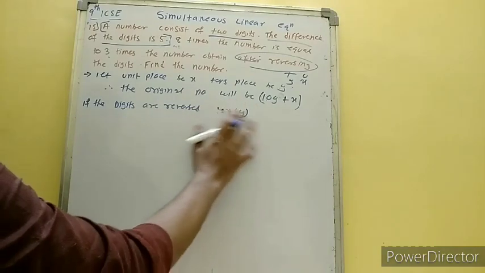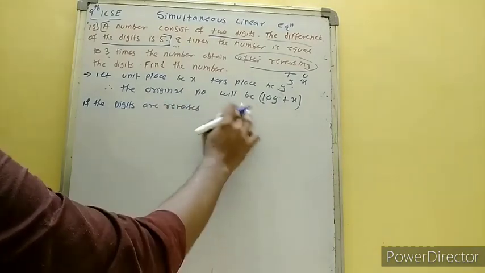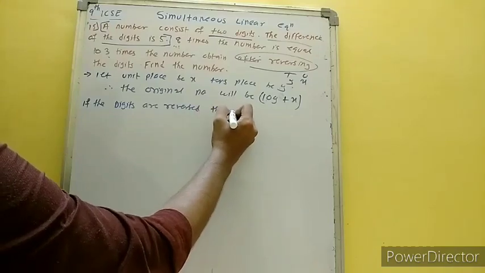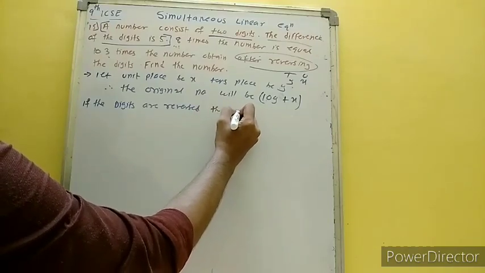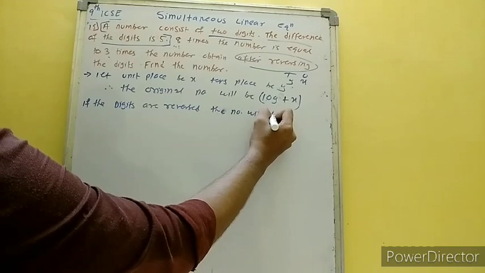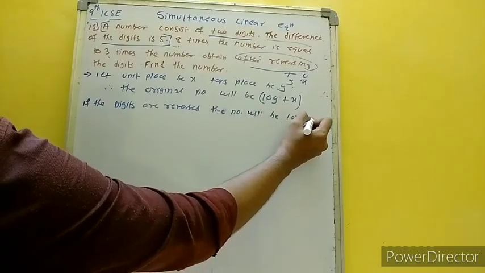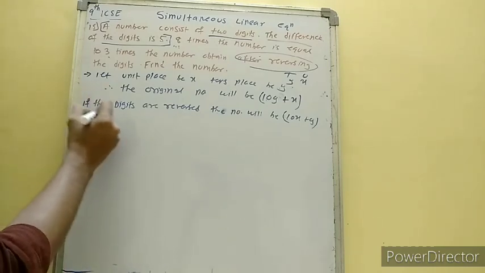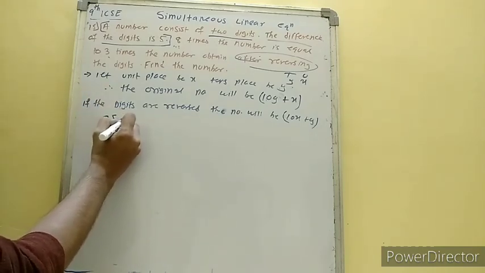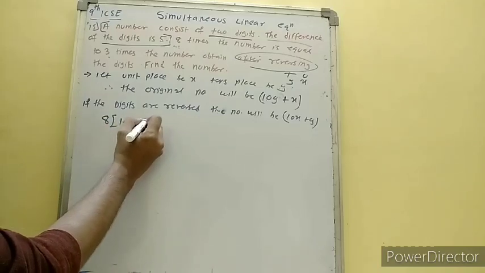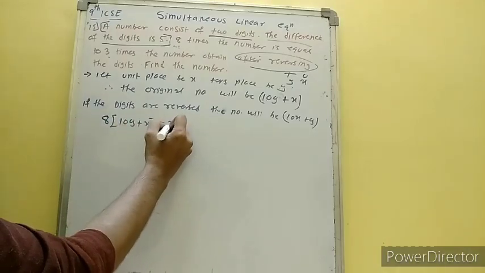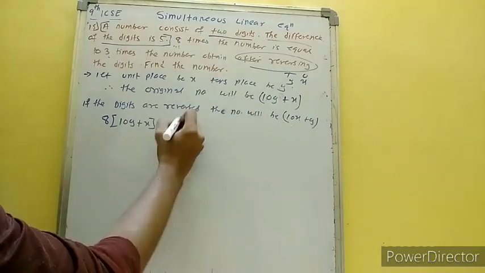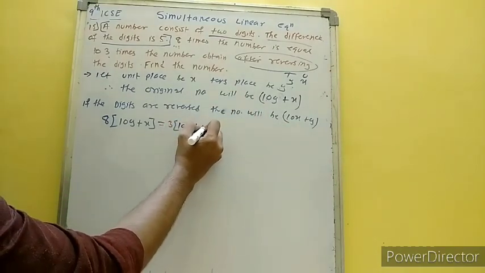If the digits are reversed, the number will be 10x plus y. So they have said that 8 times the number, that is the original number, is equal to 3 times the number obtained after reversing the digits, that is 10x plus y.